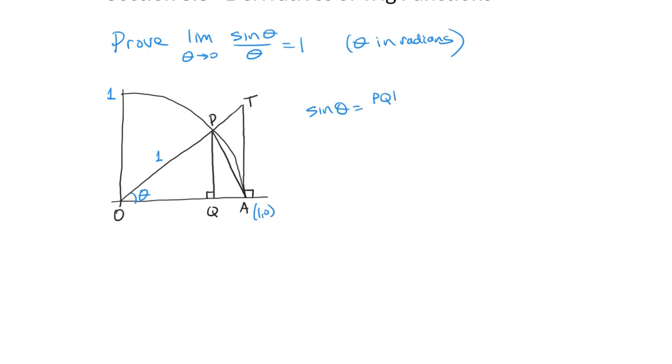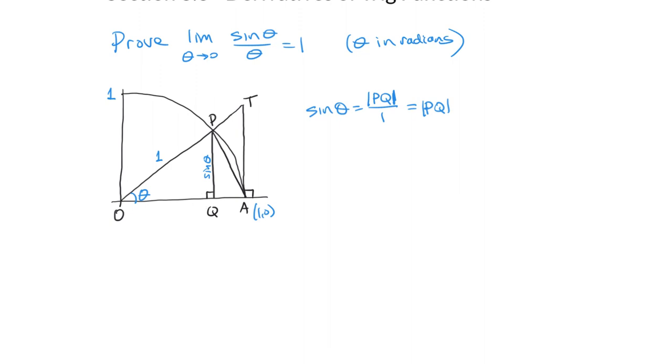I'm going to put absolute value to mean the magnitude of PQ, over 1, which just means it's the magnitude of PQ. So the length of PQ is sine of theta, because sine theta is opposite over hypotenuse, and the hypotenuse is just 1. So this length is sine theta.